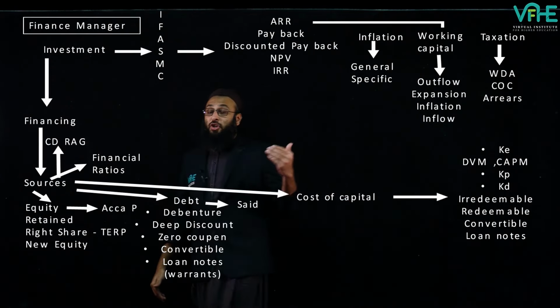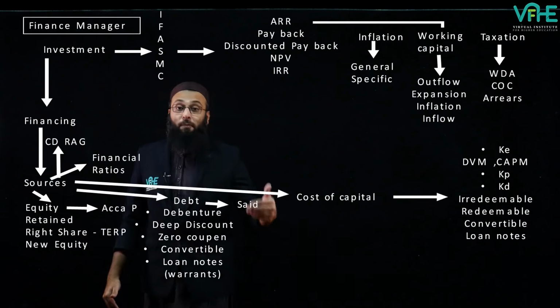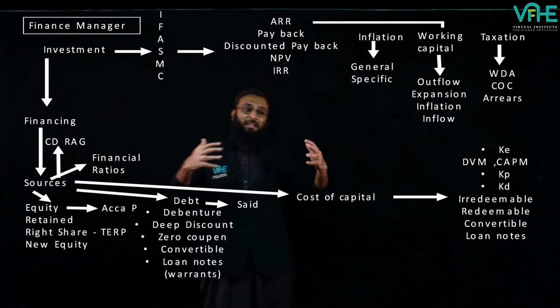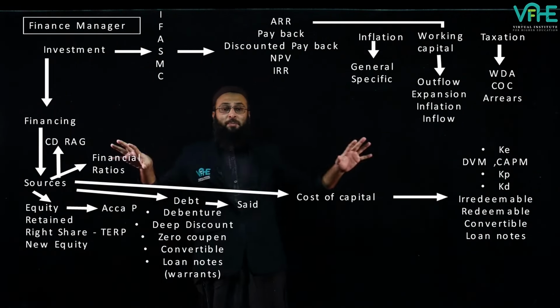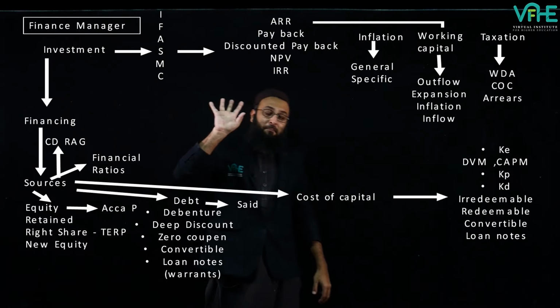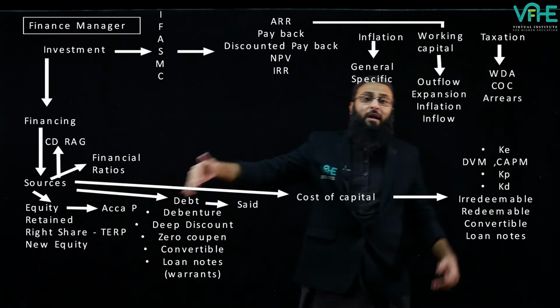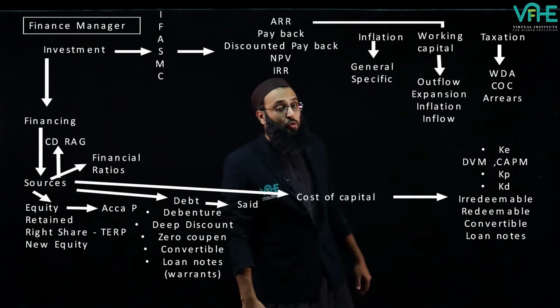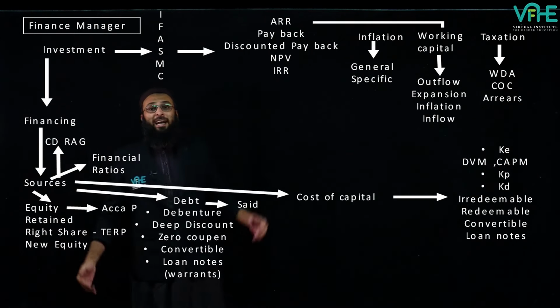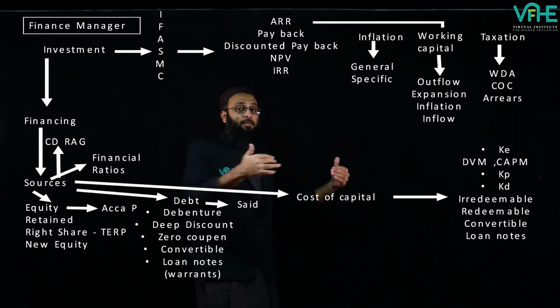Unsystematic risk is the one that the shareholder can diversify through portfolio theory, which means the shareholder will diversify its investment, will not invest completely in one industry or one market, but will spread its investment into different industries and different markets.